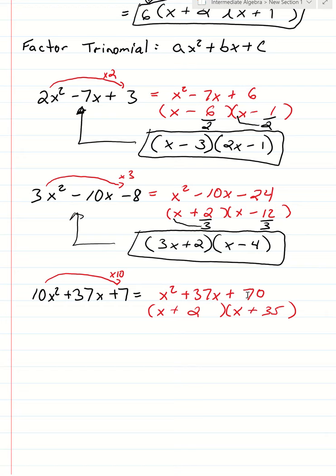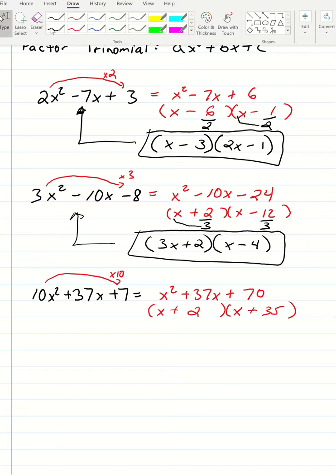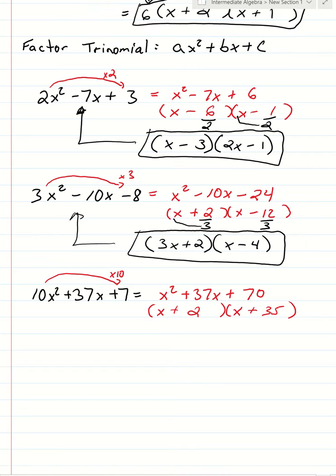But remember now, we're not done with the problem just yet. It's still in red. I have to be able to have the factored form of the black polynomial. So I'm going to give back the multiplication of 10 by dividing both numbers by 10.